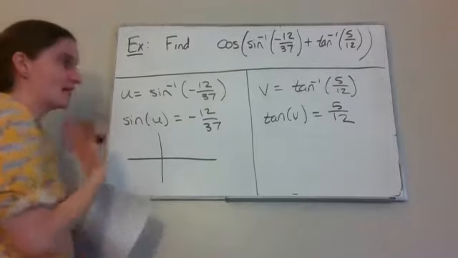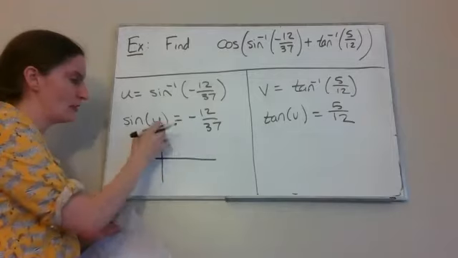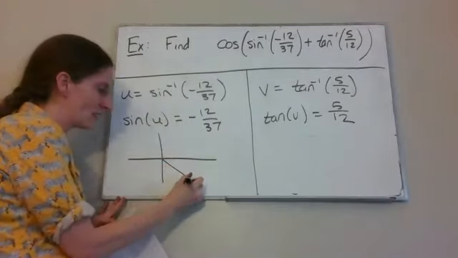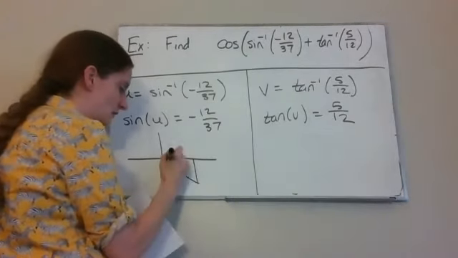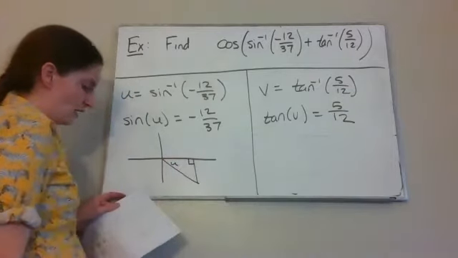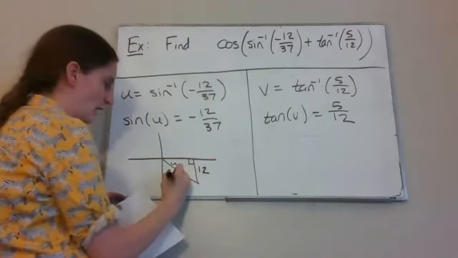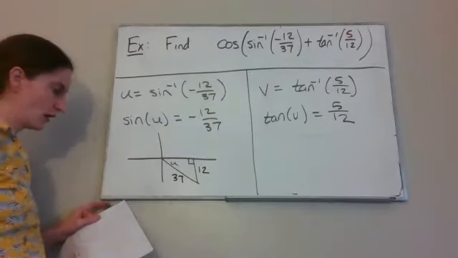Now remember, my sine inverse gives us values between negative pi over 2 and positive pi over 2. So the fact that it's negative tells me it's somewhere down here in quadrant 4. Let me make a triangle. And I'm going to have my sine is 12 over 37, and it's negative because it's in quadrant 4.